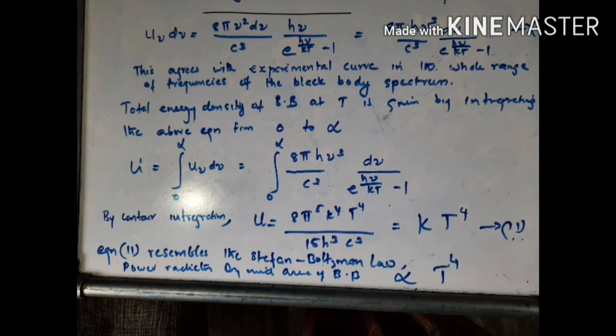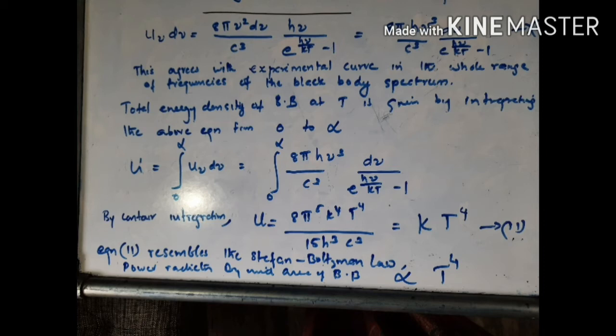This can be simplified as 8 pi h nu cube d nu by c cube into (e raised to h nu by kT minus 1). And this is called Planck's distribution law, and this agrees well with the experimental curve in the whole range of frequency of the black body spectrum.